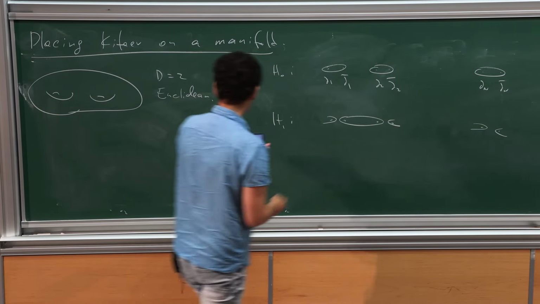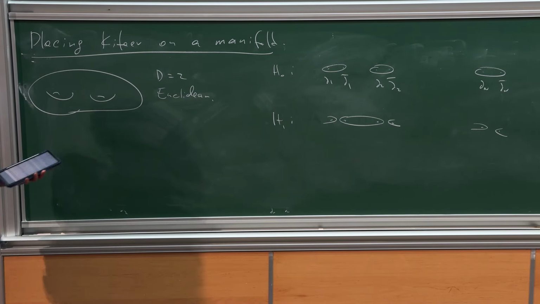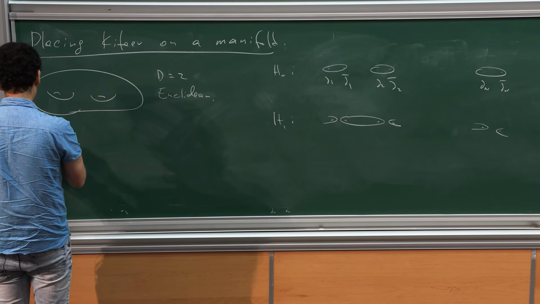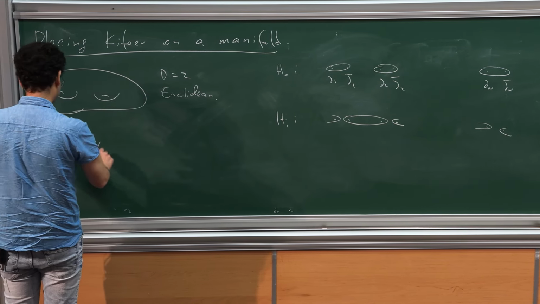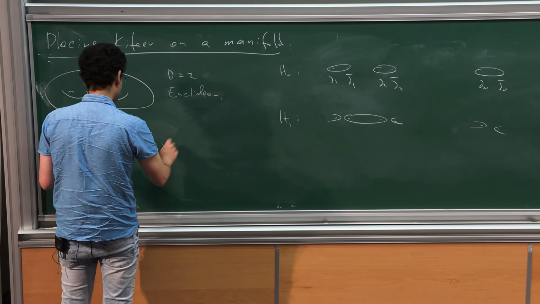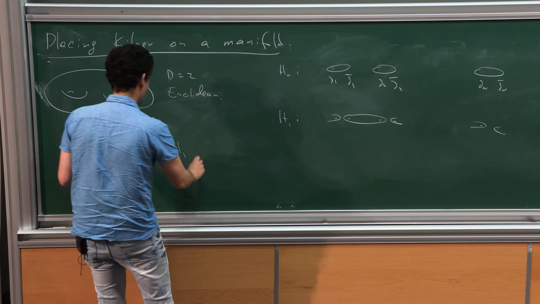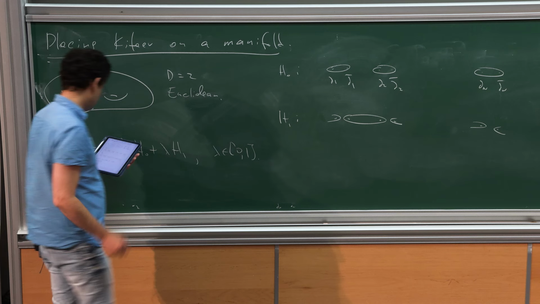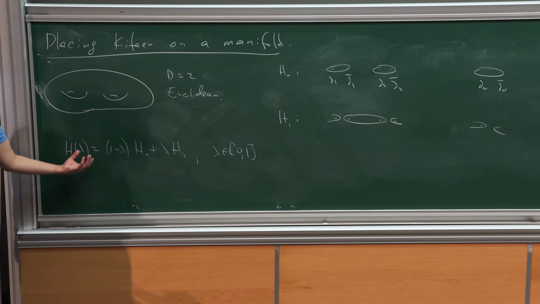And now let's consider a family of Hamiltonians that interpolate between these two, where lambda is a parameter running from 0 to 1. So clearly, the gap has to close along this path, right?